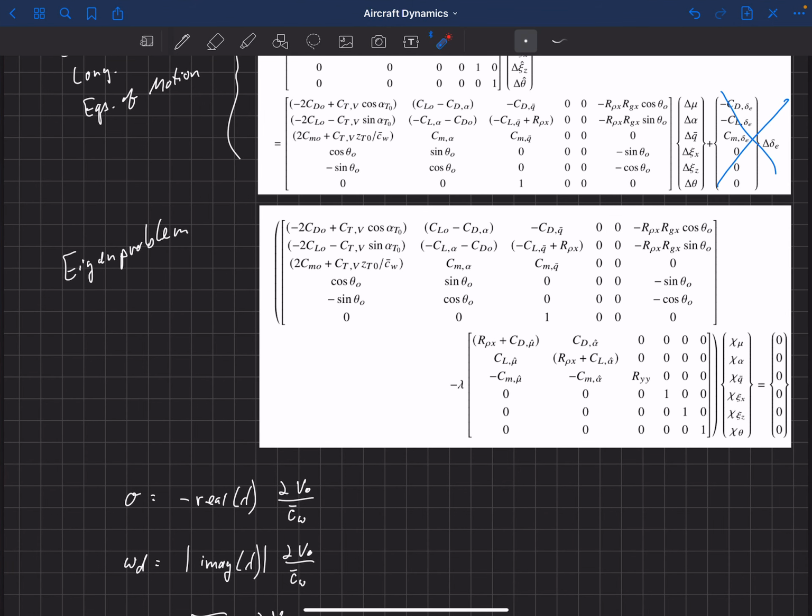So rather than solving this whole system of equations, we can actually estimate what these modes are going to be like just from the information from these derivatives that we were given. There are some closed form solutions out there that are useful for estimating what these modes are without solving this entire eigenproblem. So we'll talk about that in some of the coming videos.